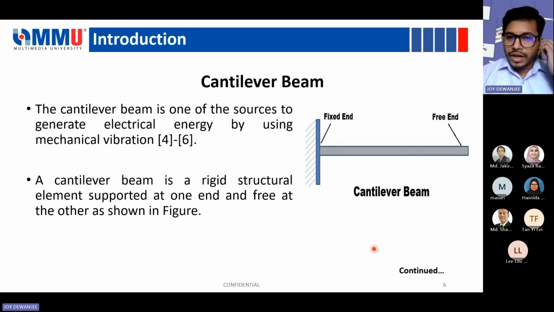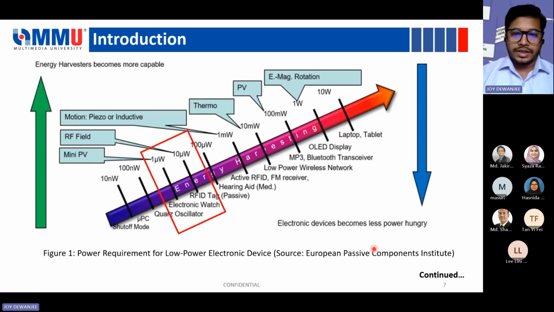A cantilever beam is a mechanical beam with one fixed end and one free end, and it helps to generate frequency. The power requirement of electronic devices ranges from 10 nanowatt to 10 watt, but for our application we are going to use 1 microwatt to 10 microwatt.